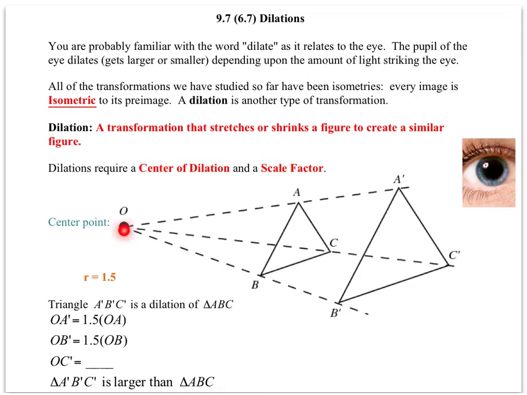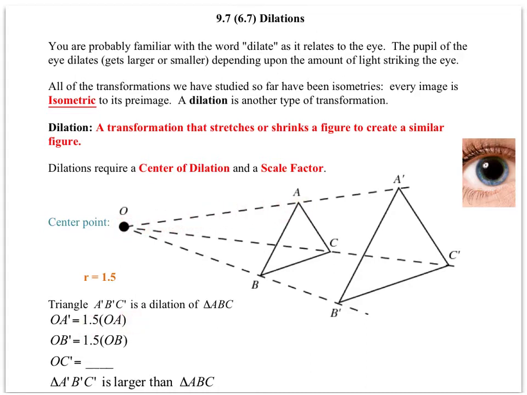So you have a center point, and you have some preimage A, B, C. What we're going to do is increase that by some scale factor. In this case, we call that scale factor R, which is 1.5. We take triangle ABC and increase it by the scale factor 1.5. How we do this is in terms of distance from this center point, which is labeled O. So we take OA and we multiply it by 1.5.